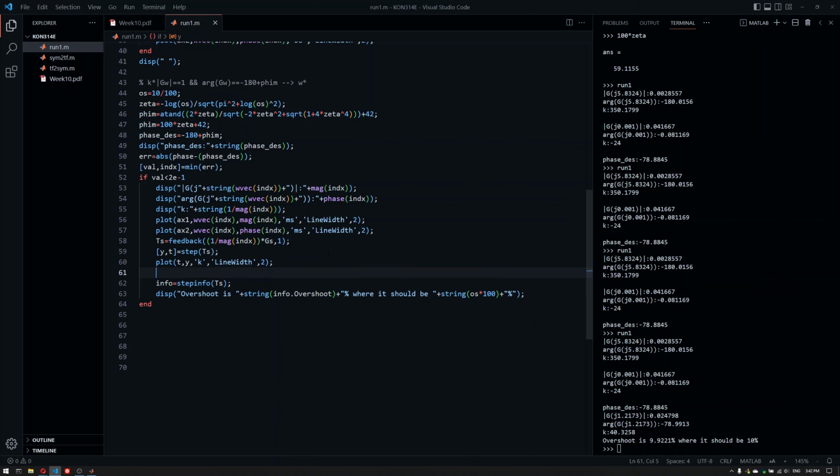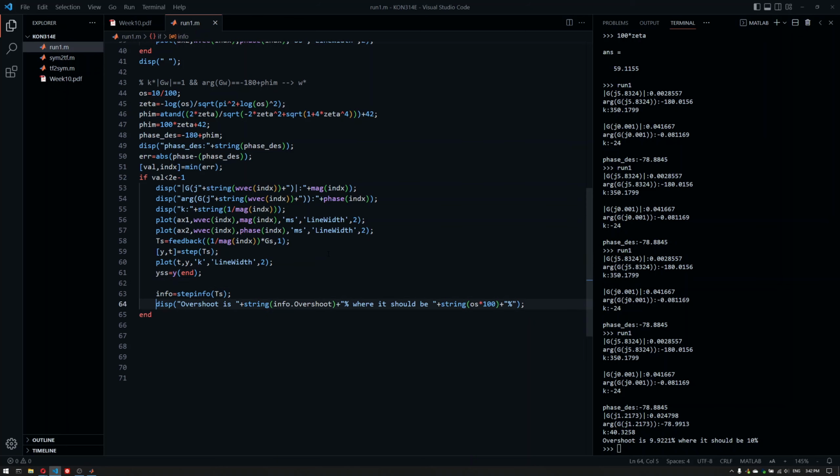While I'm at it, let's get the steady state value, the end value here, so YSS is basically YSS. There we go. Now let's run this.